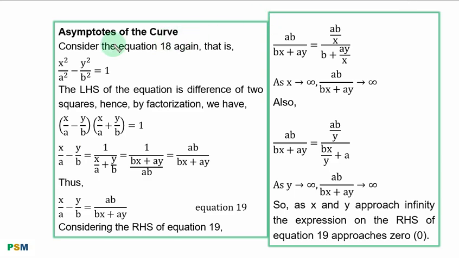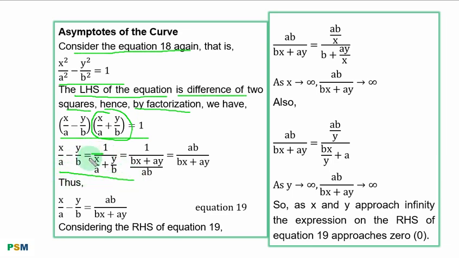Asymptotes of the curve. Consider equation 18 again, that is this equation. The left hand side of the equation is a difference of two squares. Hence, by factorization, we have this result. We divide through by this term. If you divide through by this term, you have this result.